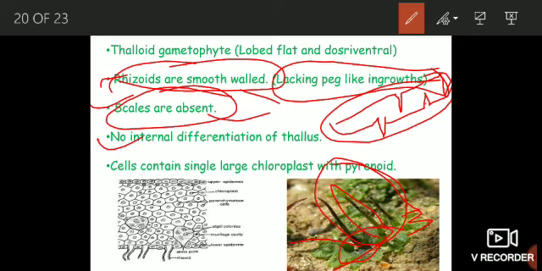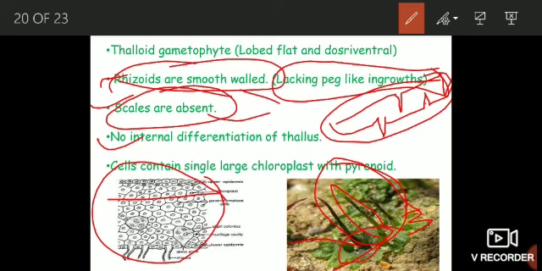It is not distinguished into separate zones or regions, unlike in Hepaticopsida, where we have seen the thallus is differentiated into a lower storage region and an upper photosynthetic region. But the same is not the case with Anthocerotopsida. Here the thallus is uniform throughout, and there are as such no photosynthetic zones and no storage zones.